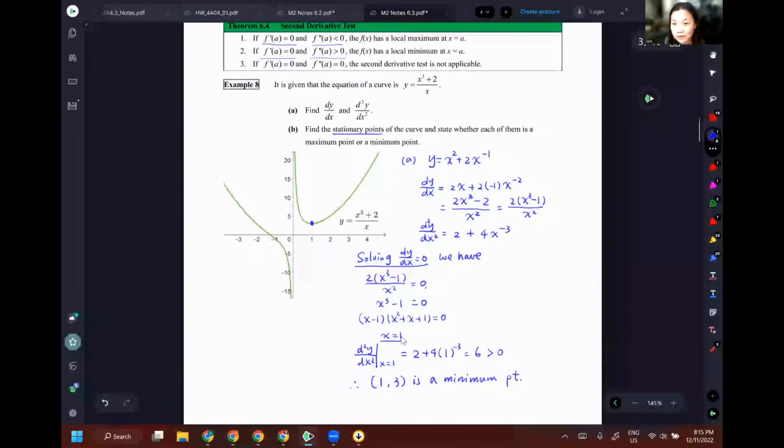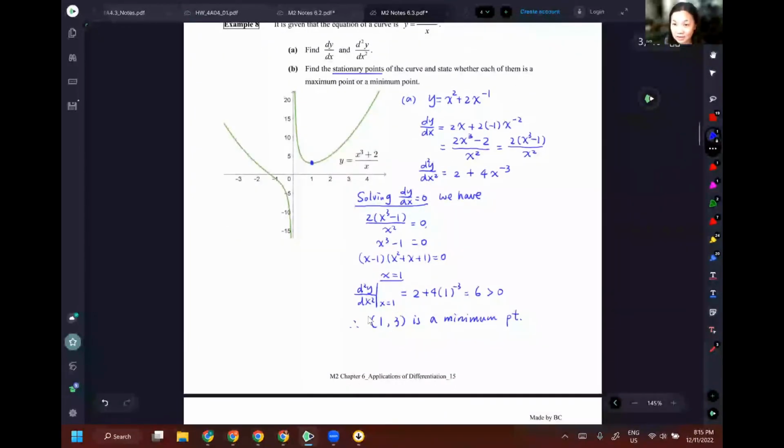Now, how do I decide whether the stationary point is a maximum or minimum? I can use a test called the second derivative test. If the value at the stationary point is positive, like in this case, it means the curve is concave up at that point. It means that stationary point is a minimum point.